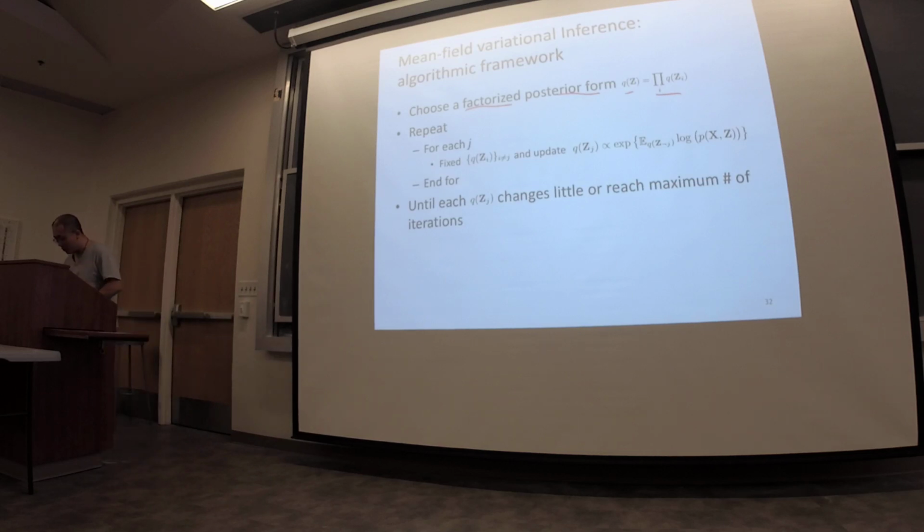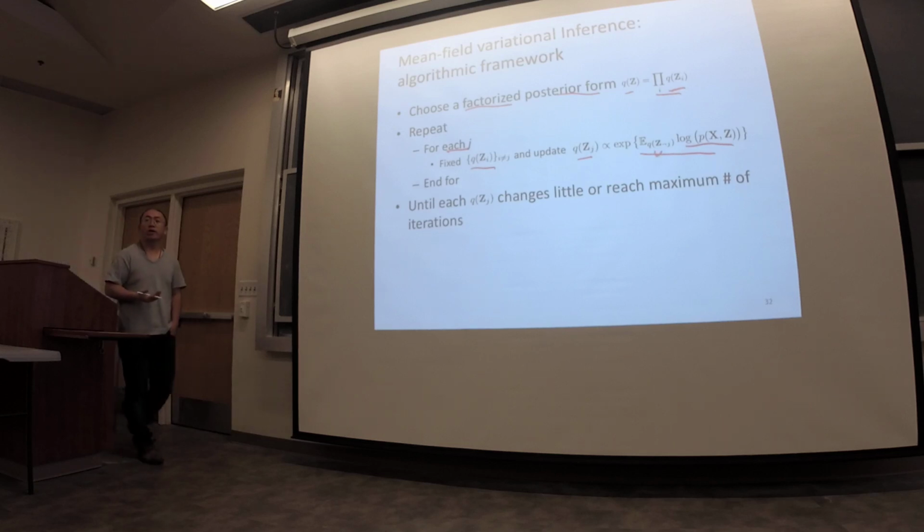And then in each iteration, I just cyclically update each posterior Q of Zj. So I fix all the other Q of Zi's, and then update Q of Zj to be proportional to the exponential of the expectation of the log joint probability under the posterior of all the other random variables.